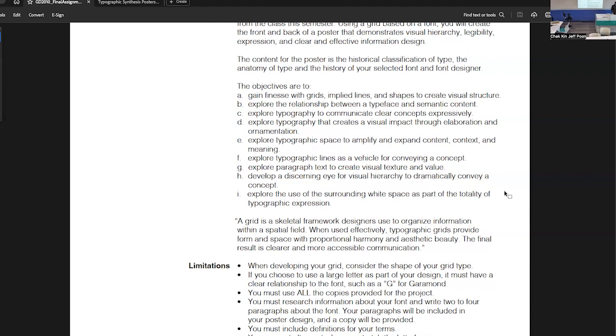And G, explore paragraph text to create a visual texture and value. The match paper version we work on is actually a study of what? Value study. We have the black, we have the gray.